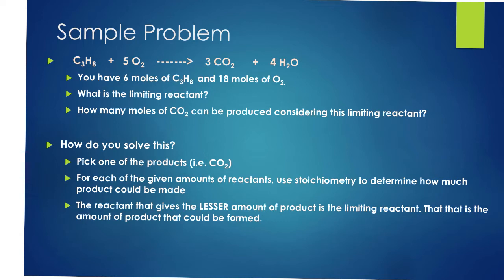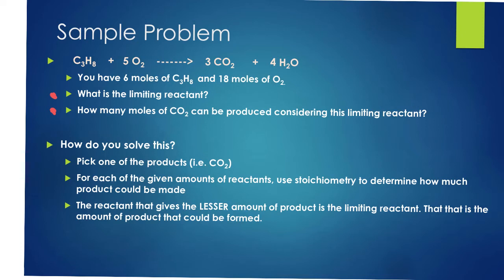But in this case, we're telling you we have 6 moles of pentane and 18 moles of oxygen, and we want to know which one is going to run out first. Also, how many moles of carbon dioxide can we produce, considering one of the reactants runs out first? We're going to look at these 2 pieces when we solve this. Now, before we actually jump to the math, let's just think about this for a second.